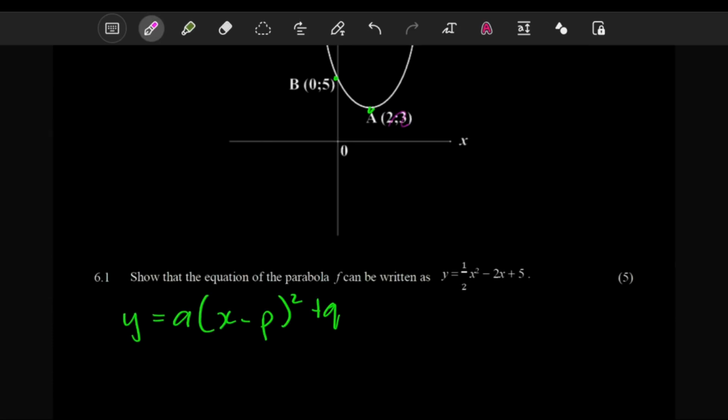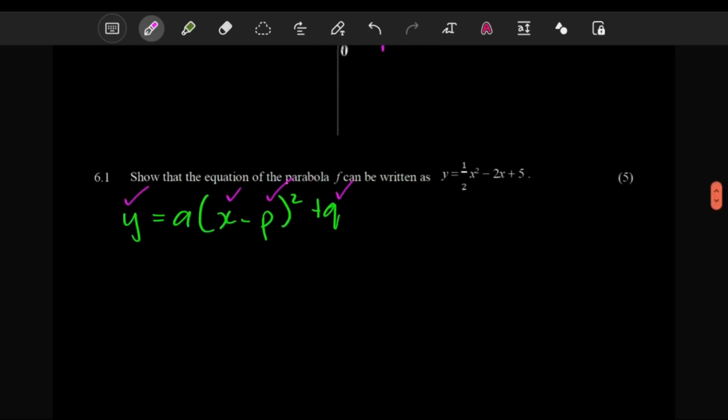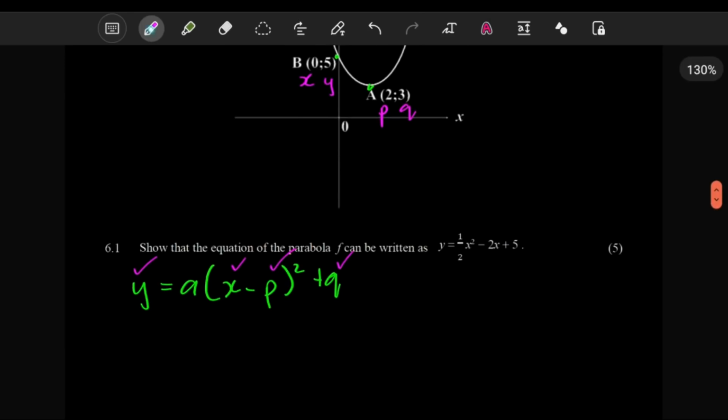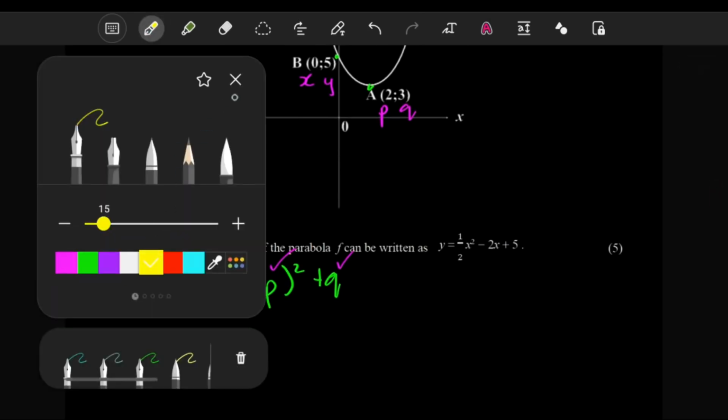You have p, you have q, and then here you have x, you have y. You see four things, 1, 2, 3, 4. The only thing missing is a. Easy peasy.